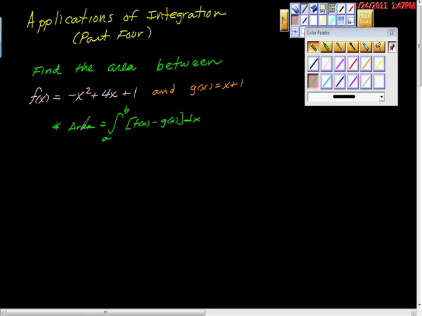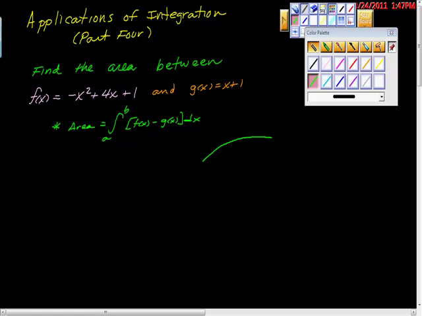The area, and this is really crucial, is the definite integral of f of x minus g of x dx from a to b. What's really important is that we have these two functions, and I don't know which one is which yet.